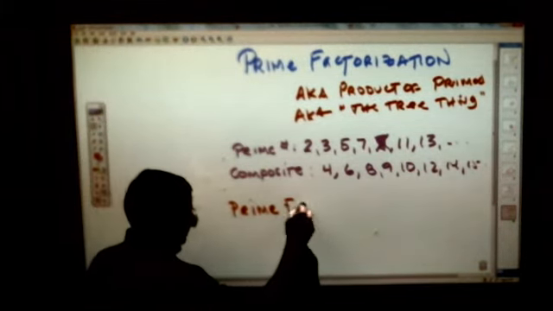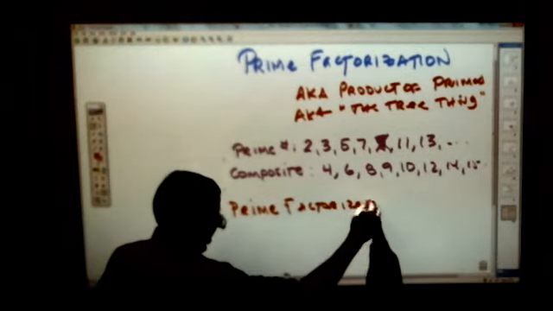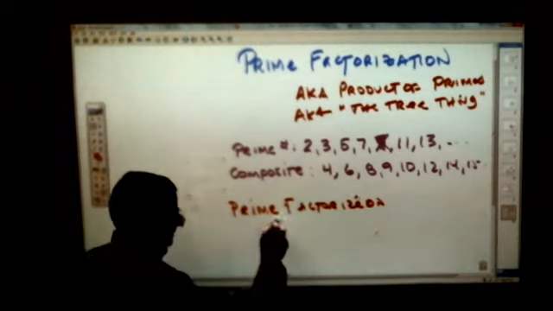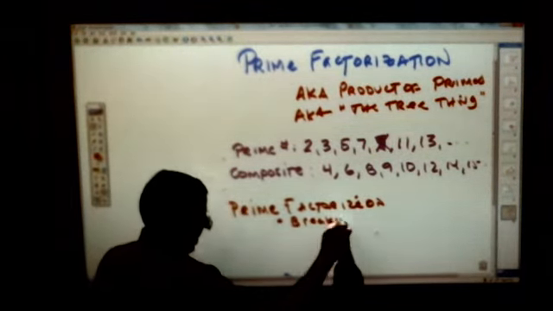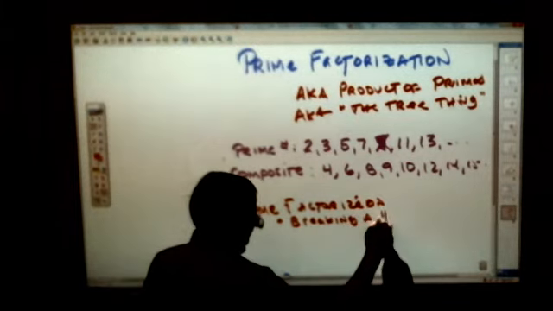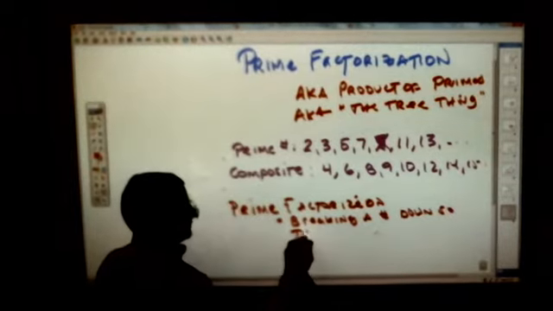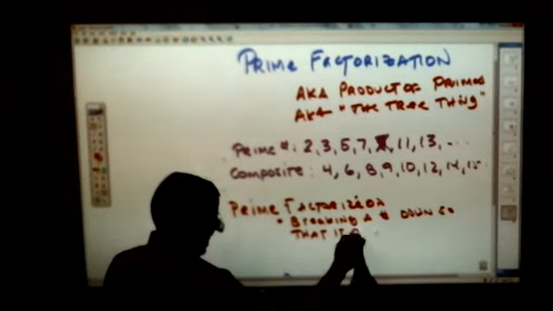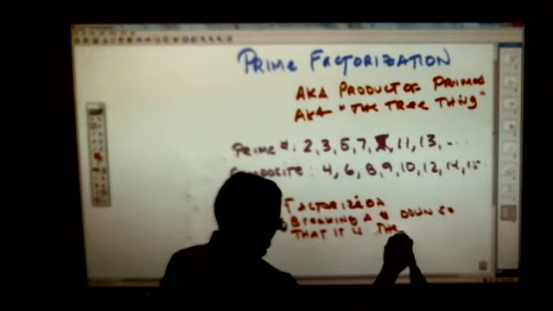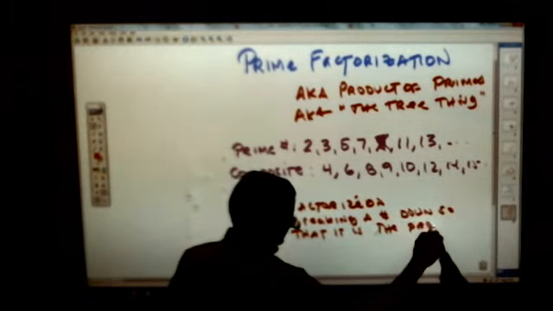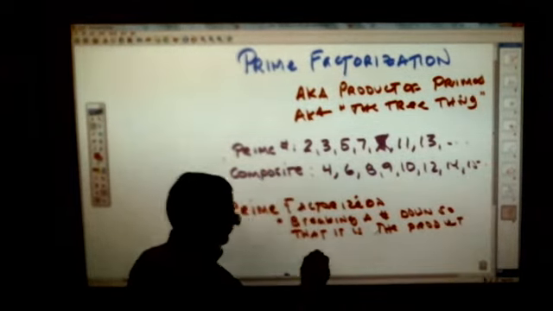Prime factorization is breaking a number down so that it is the product, which means the answer to a multiplication problem, of all prime numbers.